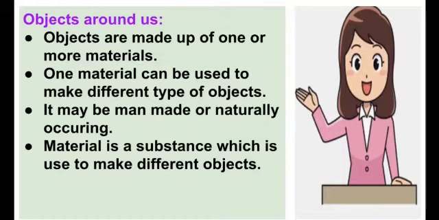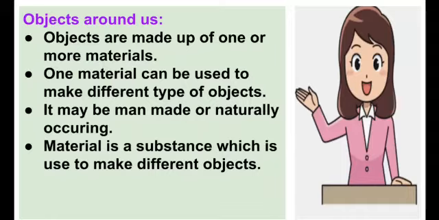If I take the example of your toys, suppose you have a remote control car. Maybe it is made with plastic, metals and some more materials. One material can be used to make different types of objects. If I take the example of plastic or rubber, with the help of plastic we can make many things.